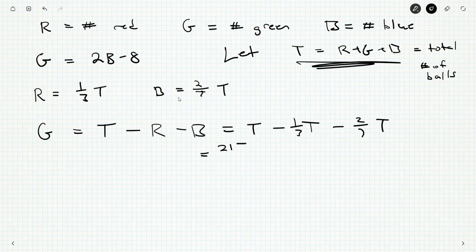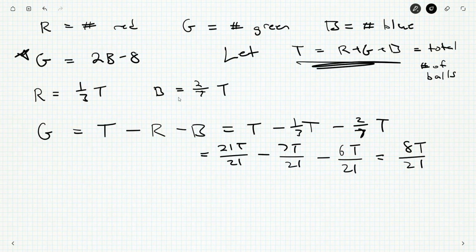I'll get 21T out of 21 minus 7T out of 21 minus, multiply top and bottom by 3, so 6T out of 21. And 21 minus 7 is 14, minus 6 is 8. So the number of green balls is 8/21 of T.